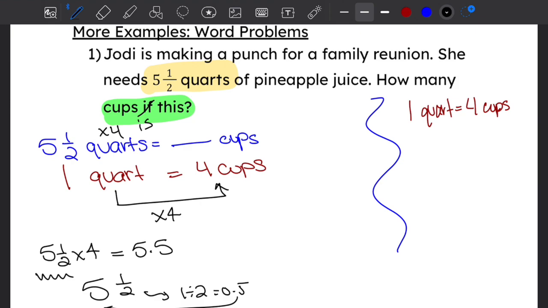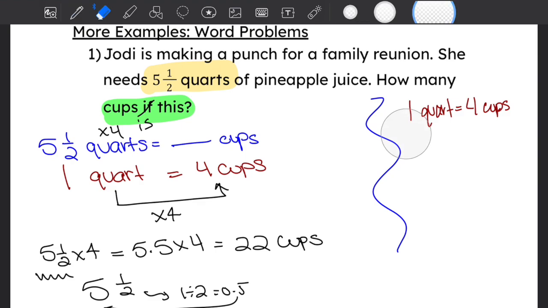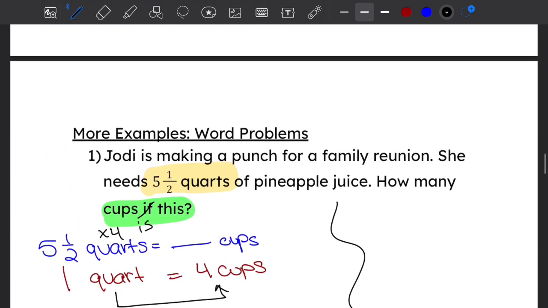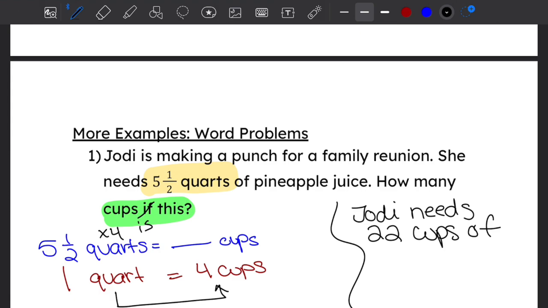Okay, so back to our question, 5.5 times 4 gives us 22. So Jody will need 22 cups of pineapple juice. I'm going to summarize that in a concluding sentence. Jody needs 22 cups of juice.